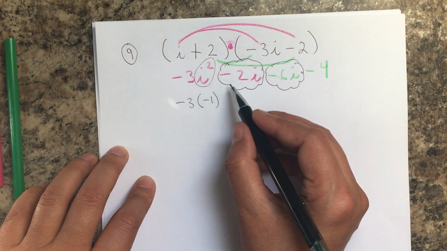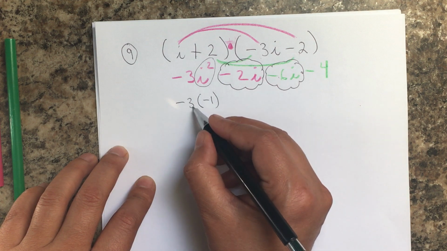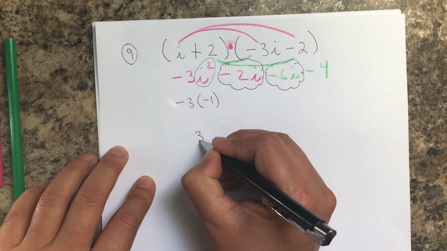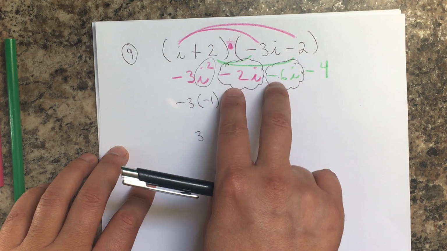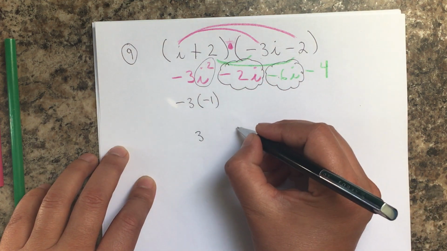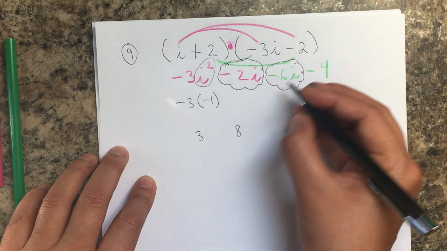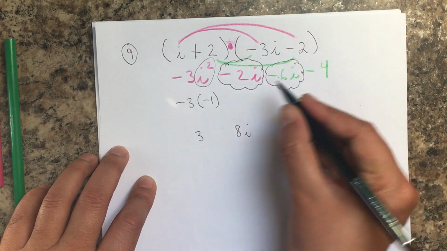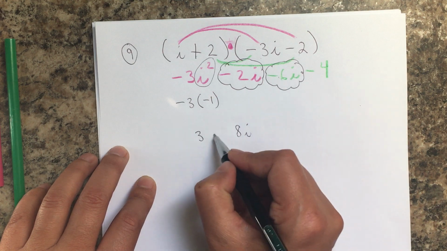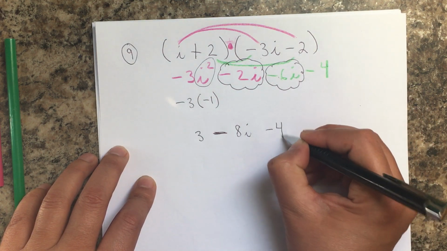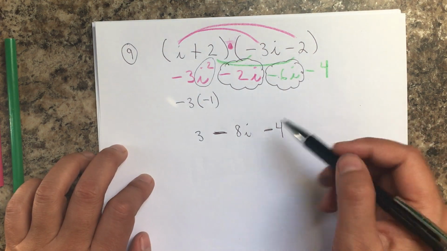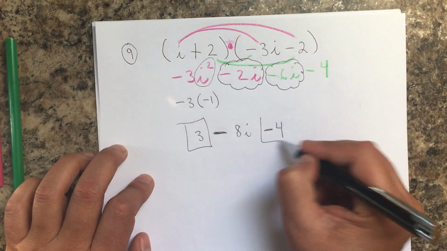Okay, so in here, I get negative 3 times negative 1 is positive 3. In here, I combine like terms, same sign you add. And so I get 2 plus 6 is 8i. But then you get the sign of the greater one, which is negative. And bring down the negative 4. I combine the constant numbers.